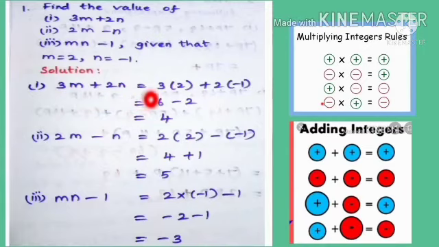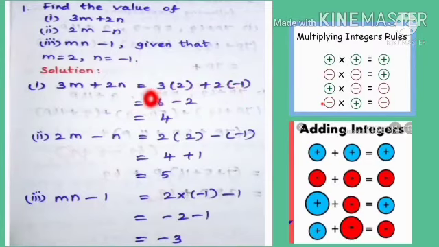Now, in the next step, replace each variable by the given numerical value to obtain an arithmetical expression. So, when we substitute m as 2 and n as minus 1, we get an arithmetical expression. Here, replacing each variable by the given numerical value, that is 3 into the value of m, which is 2, plus 2 into the value of n, that is minus 1.